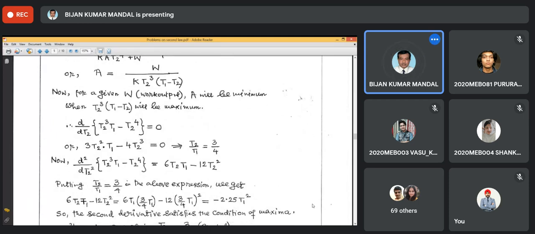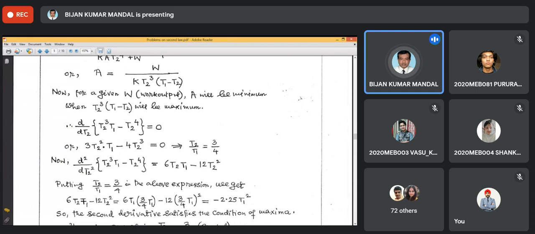So we are also trying to show that it is maximum. That's why we have calculated the second derivative, but in many cases it is not required, because depending upon the physical problem there will be only one criterion, either maximum or minimum. So in many cases in engineering we will just do the first derivative and put it equal to 0, because only either the minimum or maximum condition occurs.